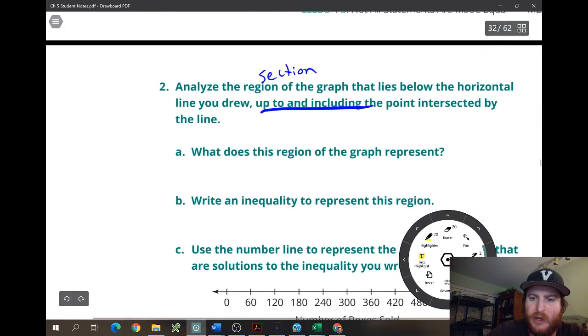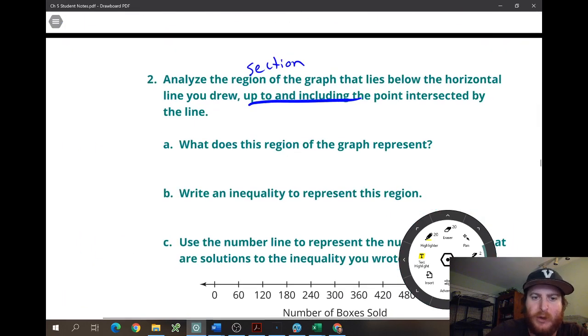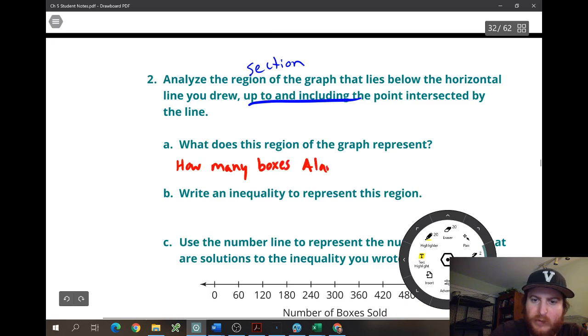So what does this region of the graph represent? Well, this represents basically how many boxes Alan sells before he passes his goal, right? He can reach his goal, but he can't pass his goal.